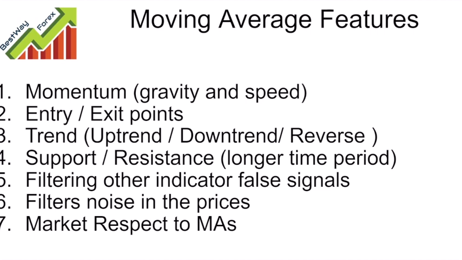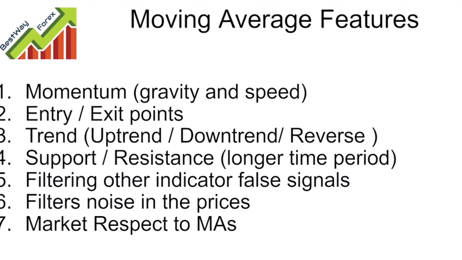And when the market is volatile, with high volatility, that affects all indicators, not only MAs. So market respect to MAs is something we must keep in mind. You want to look at the market conditions.